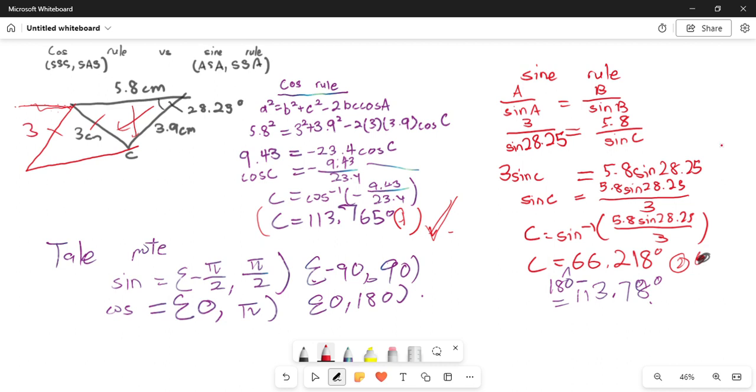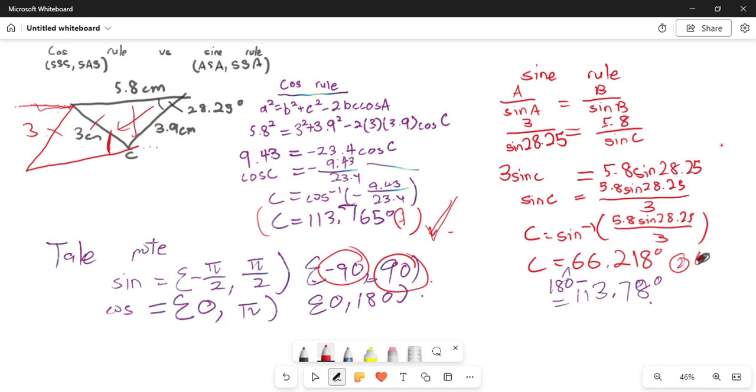So 28.25 and 3, and then 5.8 and this. So what I am actually calculating is indirectly this angle. That's why when I use the sine rule, my range is from negative 90 to 90. So that's why I cannot say this question is wrong, it's just not a complete solution.